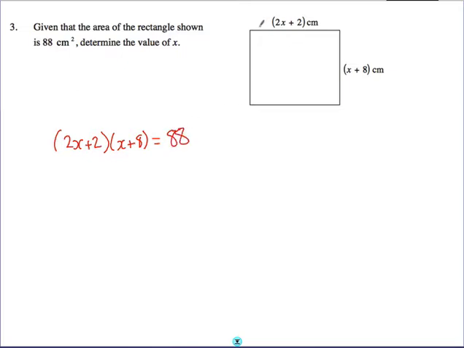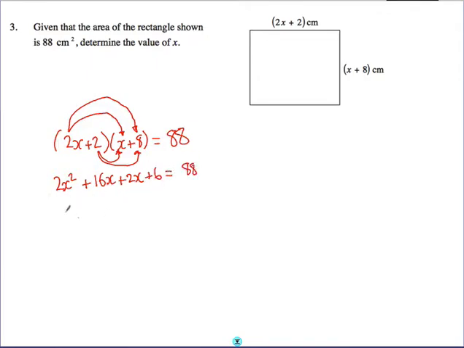So remember, length times width is the area of a rectangle, and the area of the rectangle is given to us, which is 88 centimeters squared. So all we need to do is expand our brackets. 2x times x, 2x squared, 2x times 8 gives us plus 16x. 2 times x is 2x, and 2 times 8 is just plus 16, and that is still equal to 88.